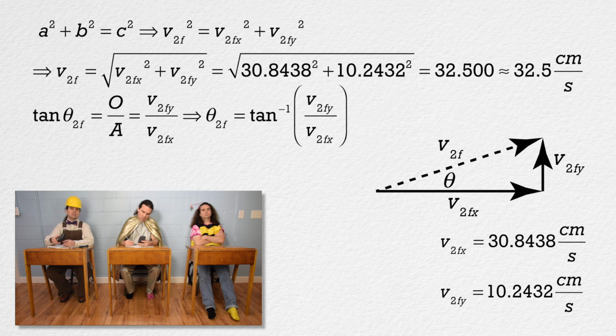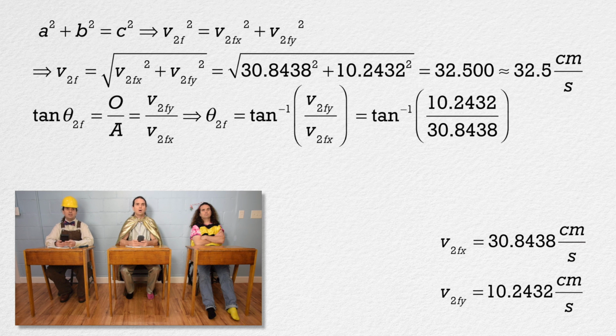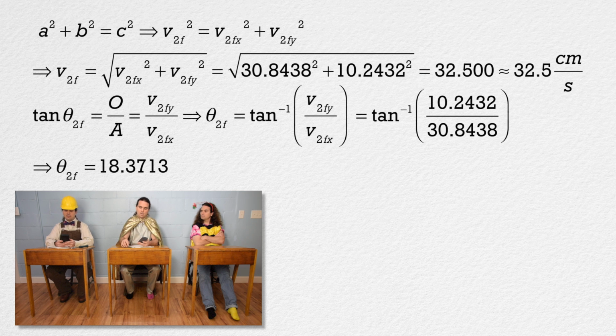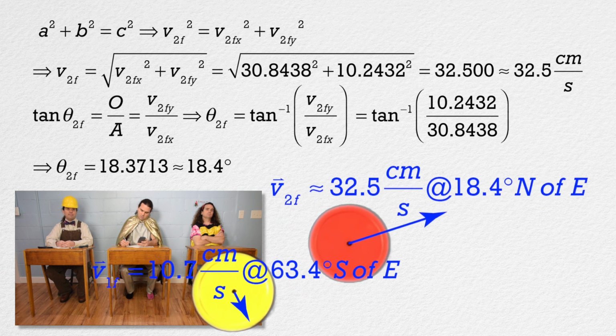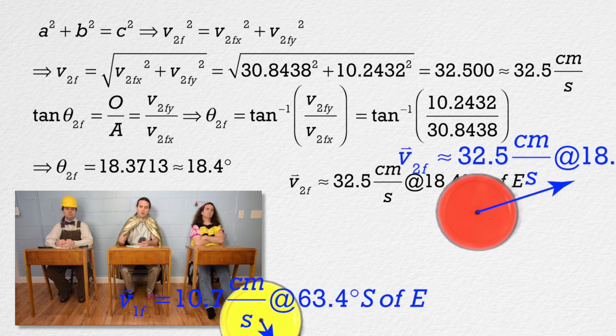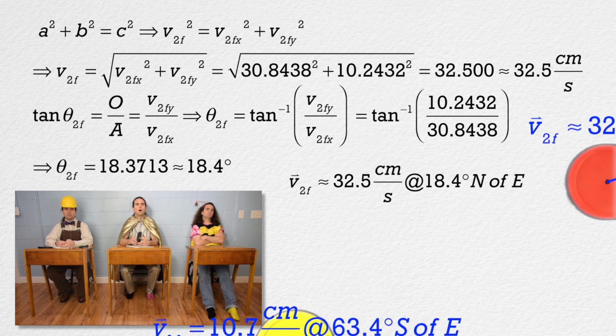We can take the inverse tangent of both sides and substitute in our values to get theta for disk 2 final equals the inverse tangent of 10.2432 divided by 30.8438, which is 18.3713 or 18.4 degrees. The final velocity of disk 2 is 32.5 centimeters per second at an angle of 18.4 degrees north of east.